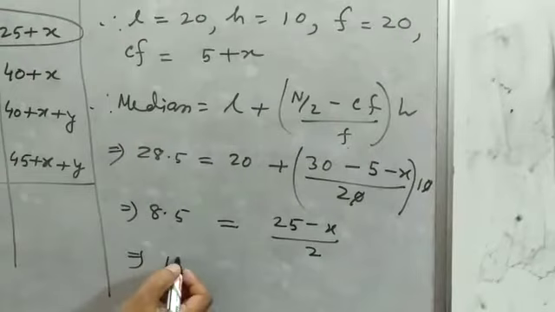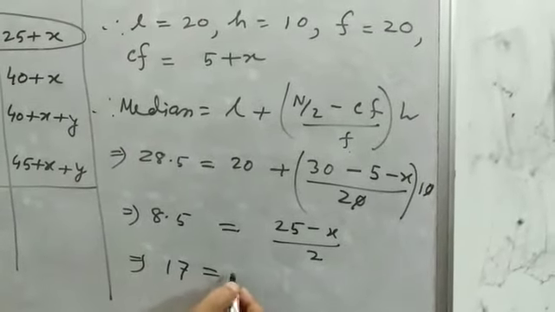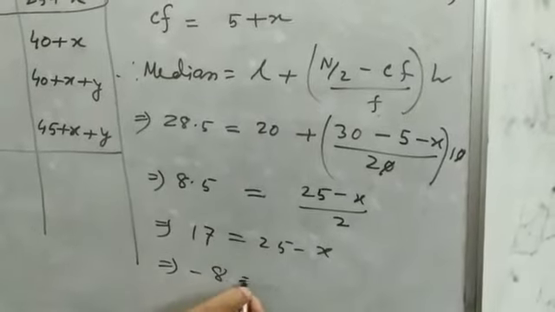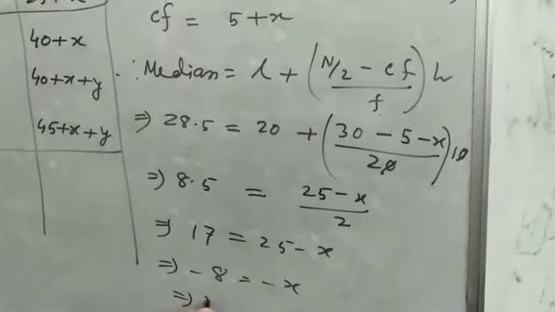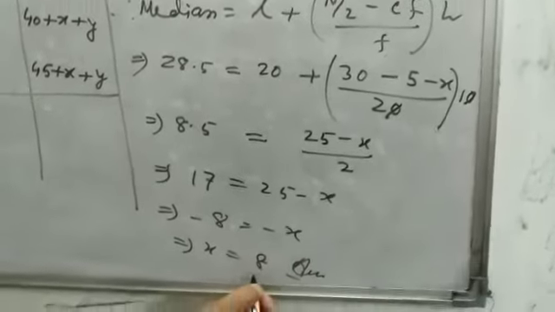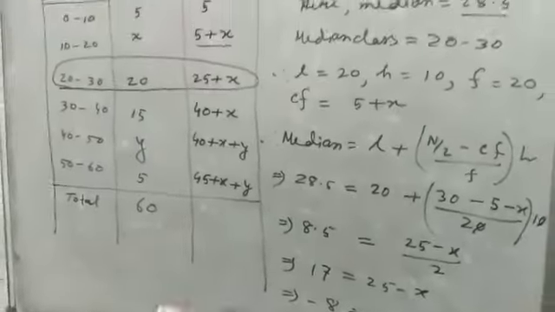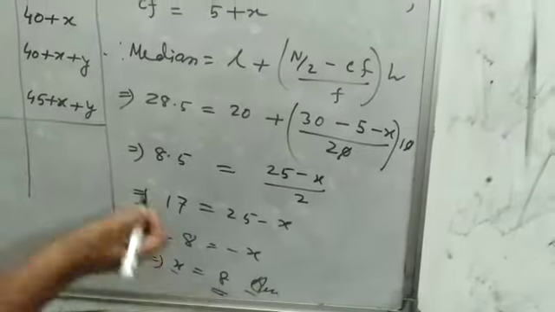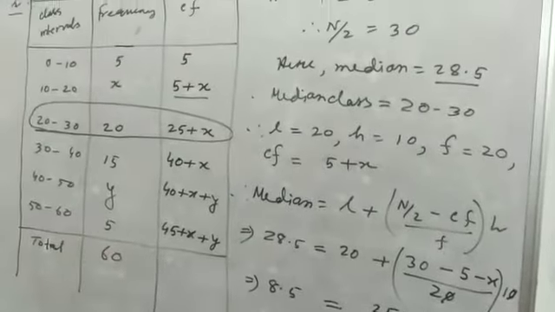It is 17 equal to 25 minus x, so minus 8 equals minus x. This implies that x equals 8. From this formula we got the value of x, that is 8. But we have to find the value of y also.